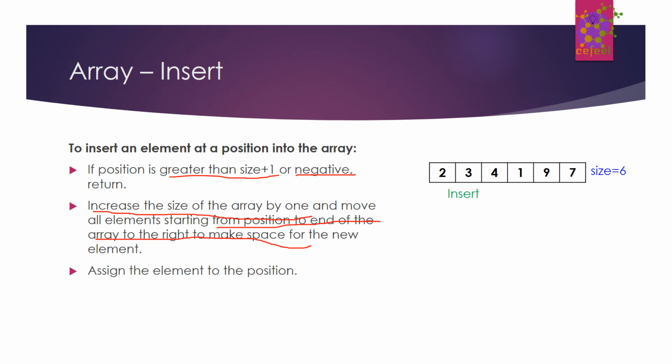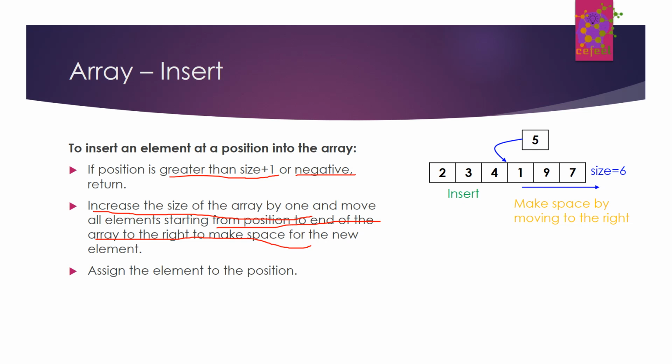So let's see how this looks pictorially. Let's say we have the same array with 6 elements, so size is 6, and we want to insert an element 5 at the 4th location.